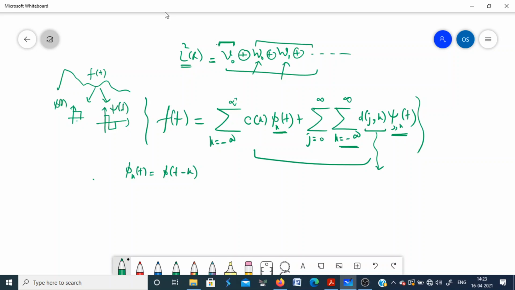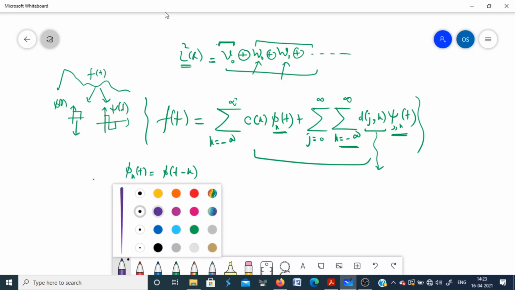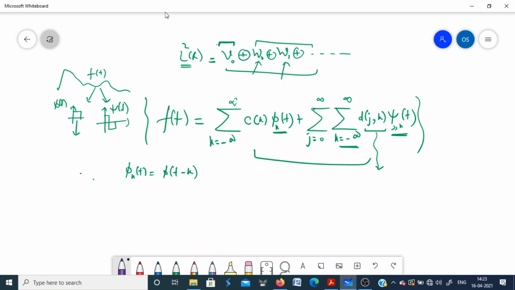This psi t will be shifted in time by k equal to 1, 2, 3. Shifted by 1, you will go here; shifted by 2, it will go here, and so on. These functions will be multiplied with some constants: c0, c1, c2, and so on.